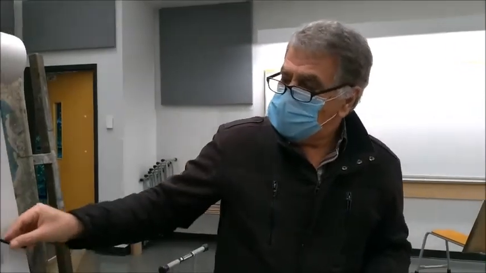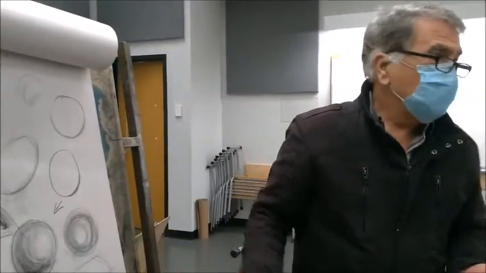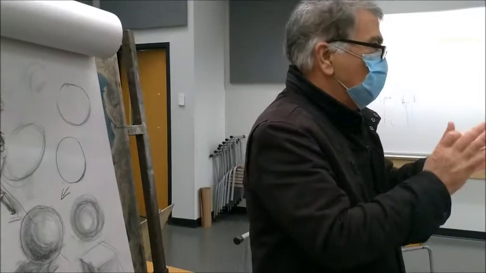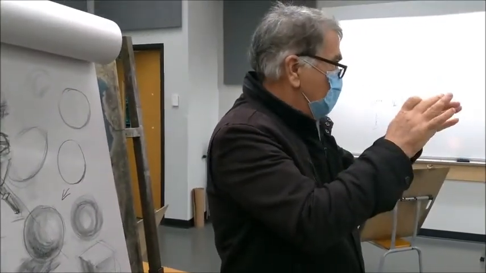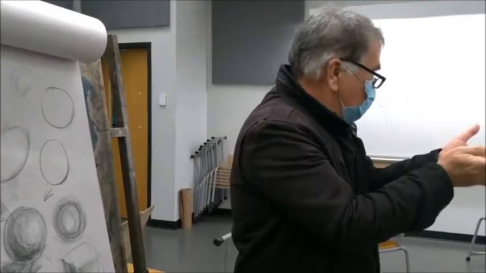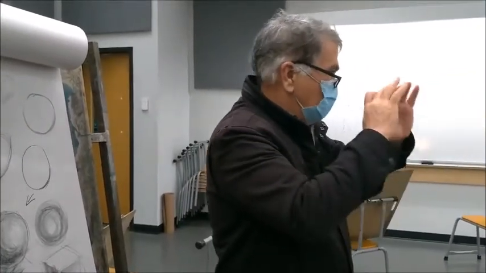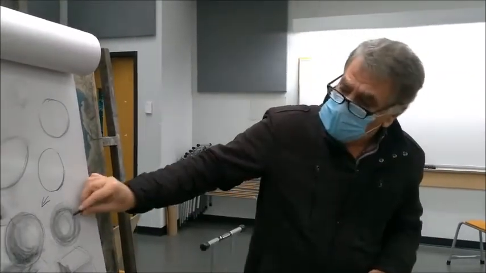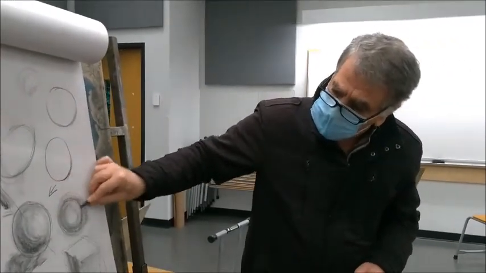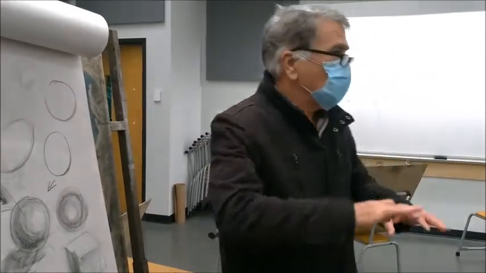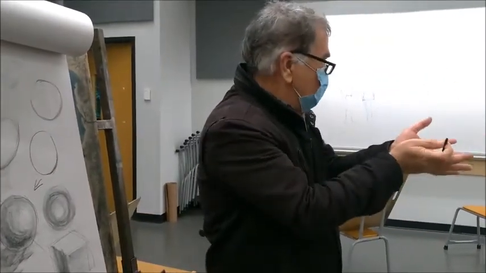But for now, what I want to say is that the indirect lighting is pretty much based on cross contours and surface line, and the line that creates the plane. You know, as you see, when I'm doing this, I'm doing a bunch of cross contours to create that tonal study.